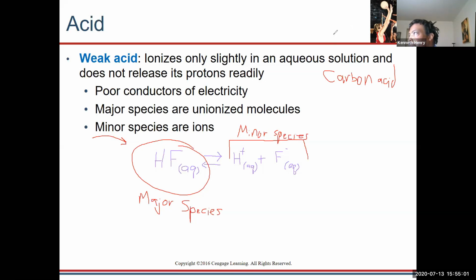So we'll say weak acids: carbon acids, ous acids, and we know that this is a special case, hydrofluoric acid.